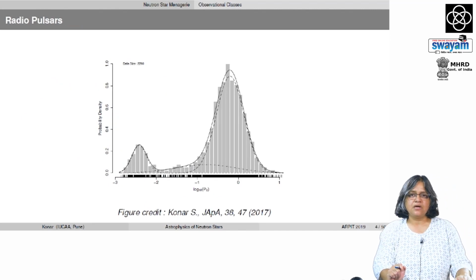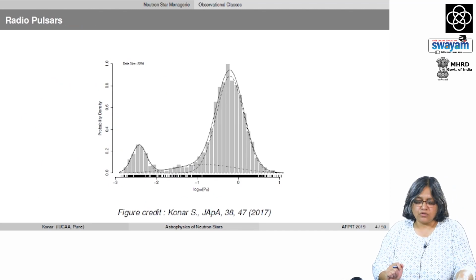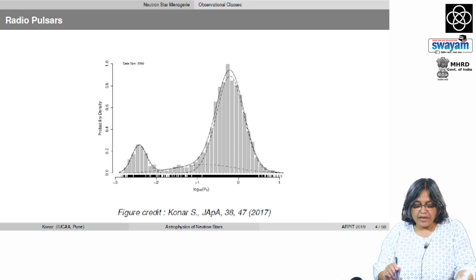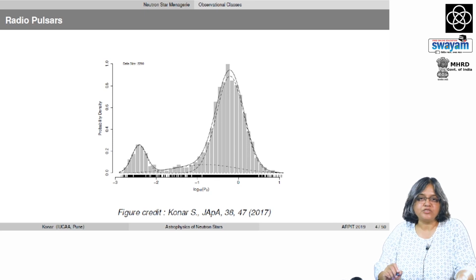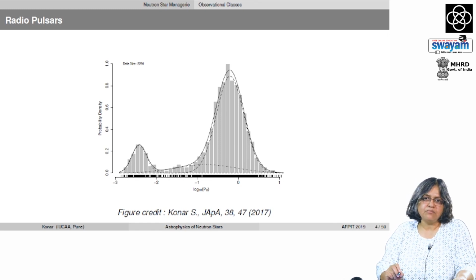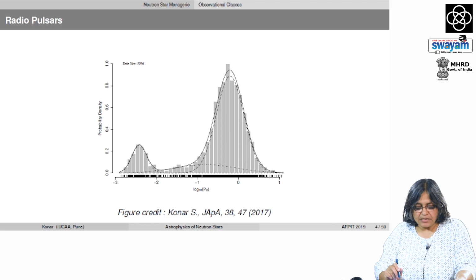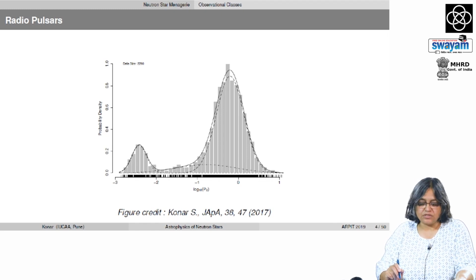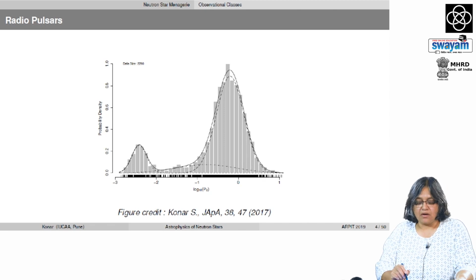Now, let us take a closer look at this classification. Here is a histogram of the spin period of all known radio pulsars. Now, you will see that this has been put through a Gaussian decomposition, and we see that the data fits very well if we decompose this into 3 Gaussians.